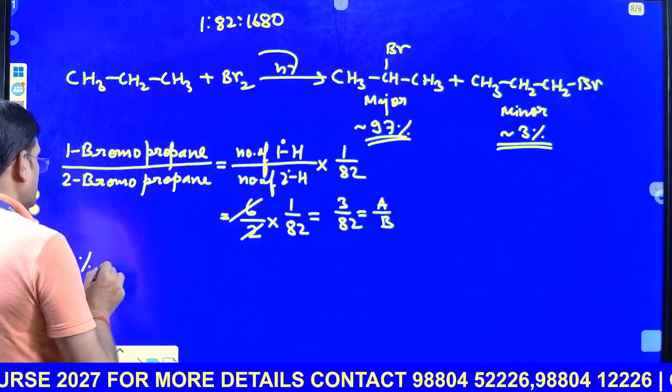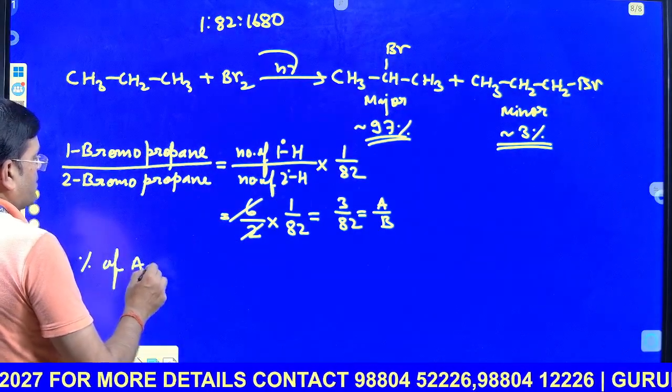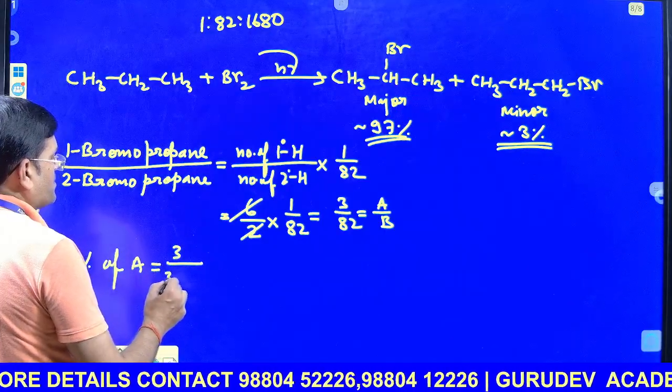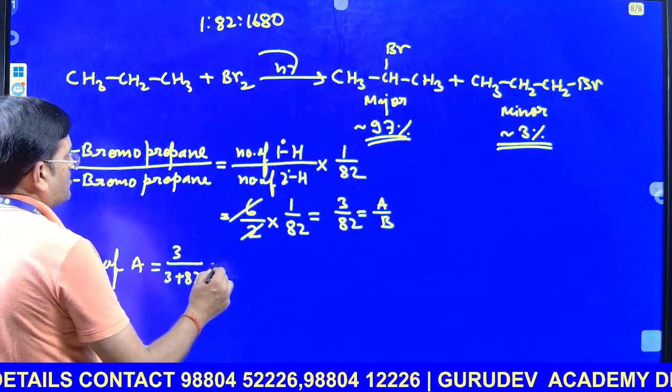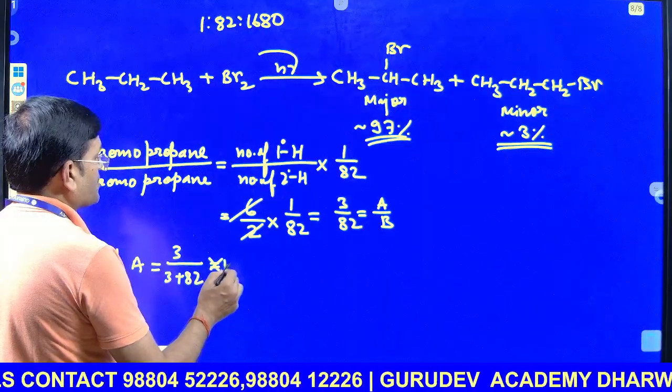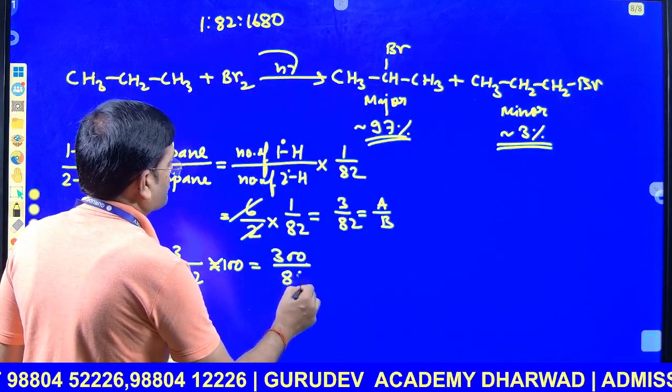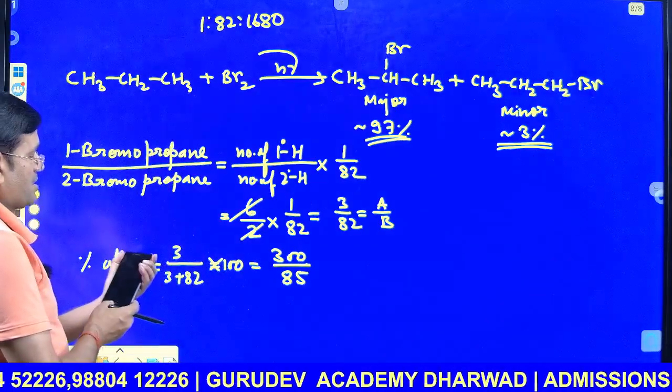So what percentage of A is equal to what? A means 3, A plus B means 3 by 82, so it is coming into 100 as well. So it is coming out to be 300 divided by 85. So see what this comes out to be.